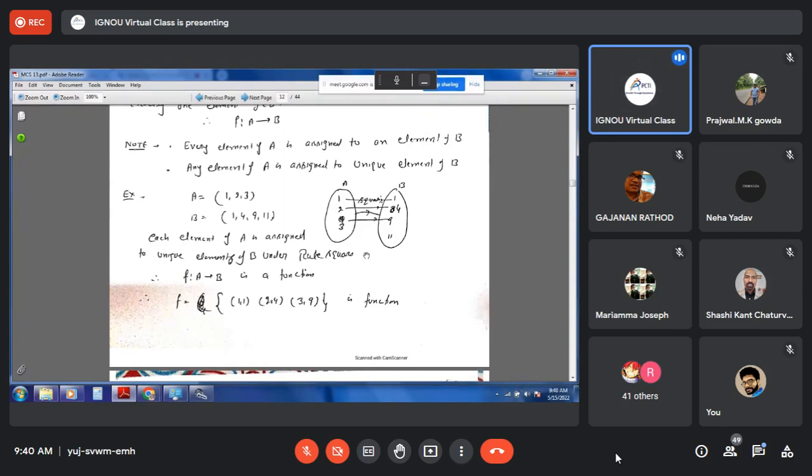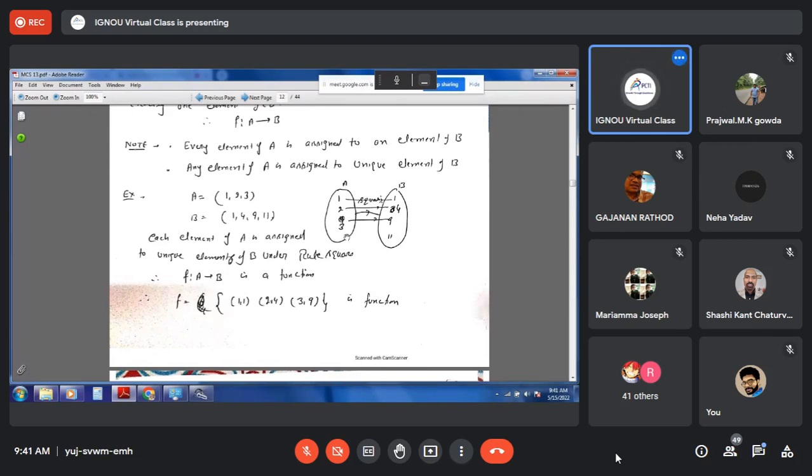At least means minimum one. In physics we say one object, one image. But in mathematics, if there is one image, it may have one or more than one object outside. If it is so, then we say it is an onto function, or the surjective function.